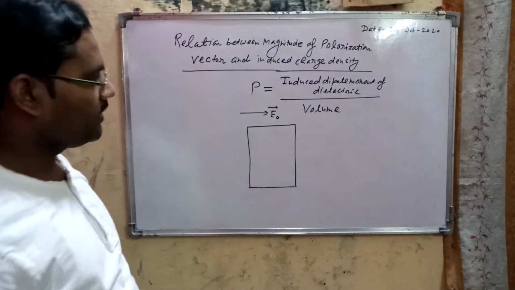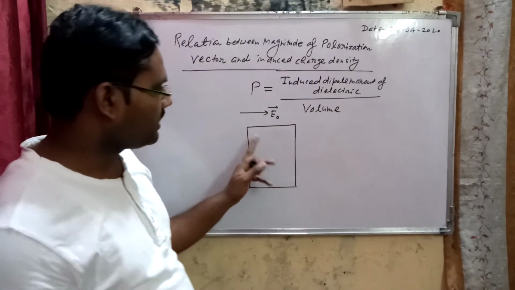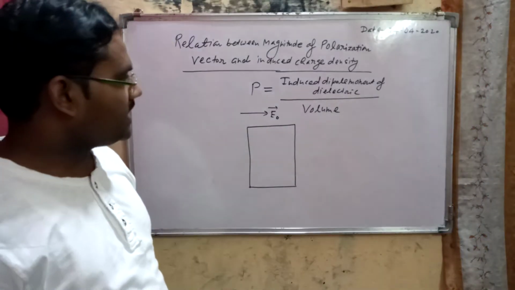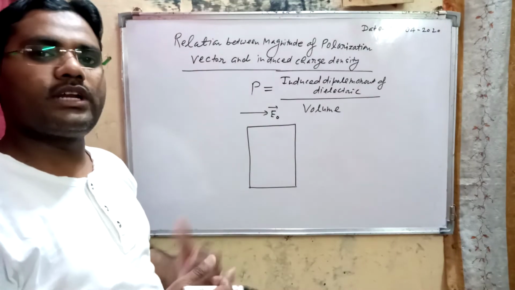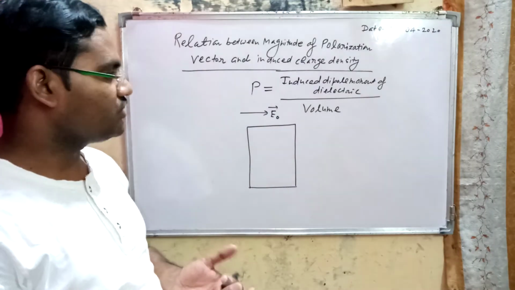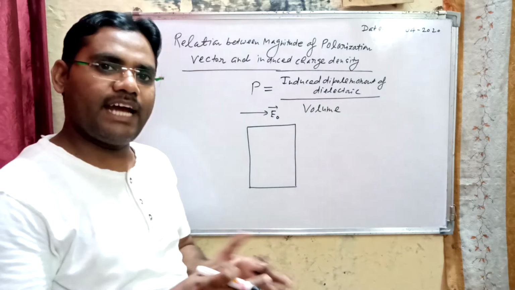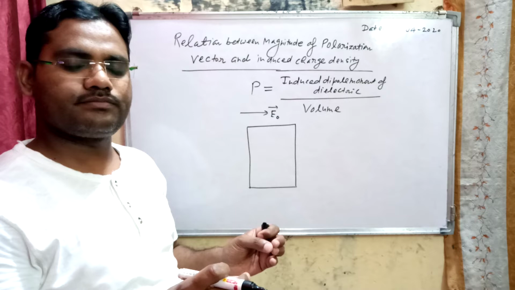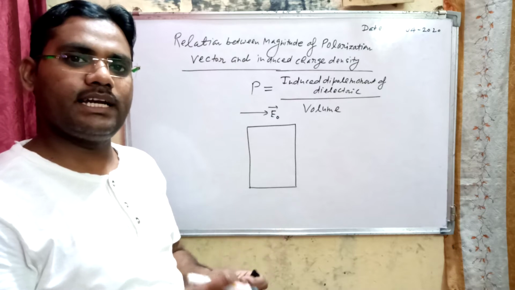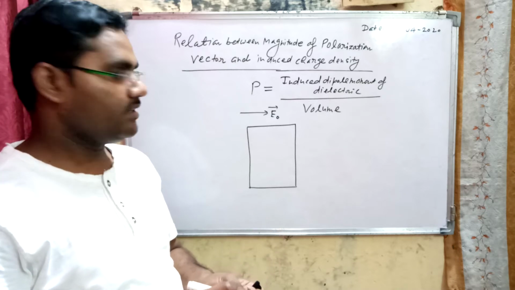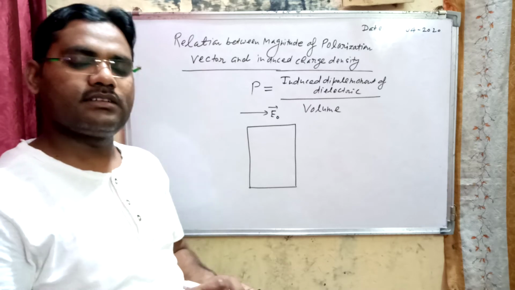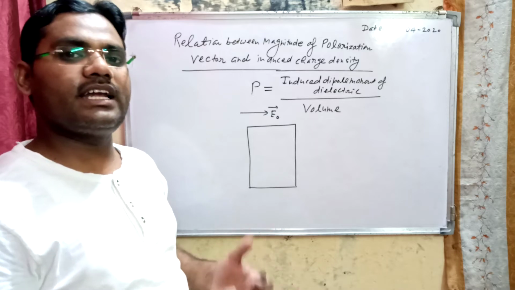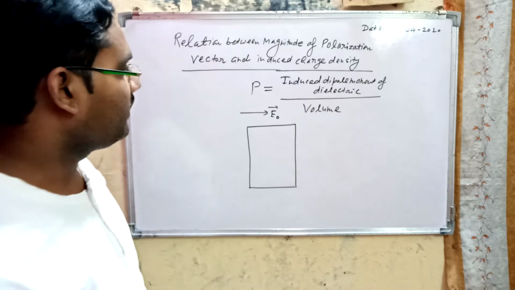What happens? When a dielectric is placed in an external field, its each molecule polarizes. That means negative and positive charges are separated. In a polar dielectric and in a non-polar dielectric, they are already separated and they are aligned in the direction of the field.